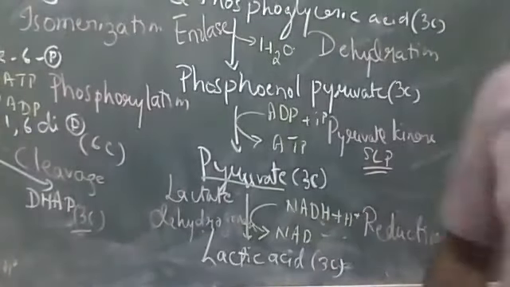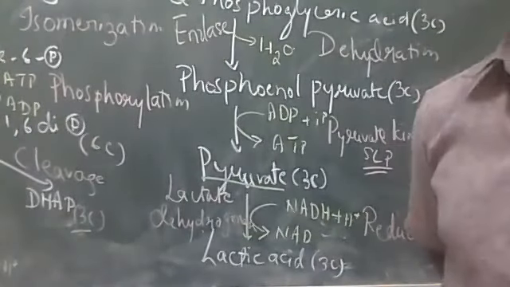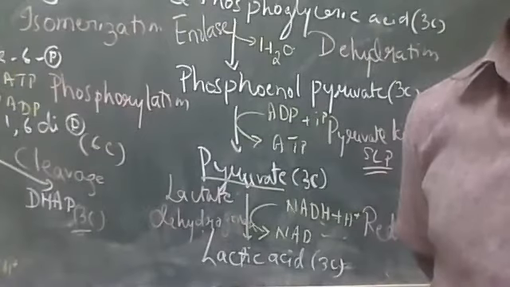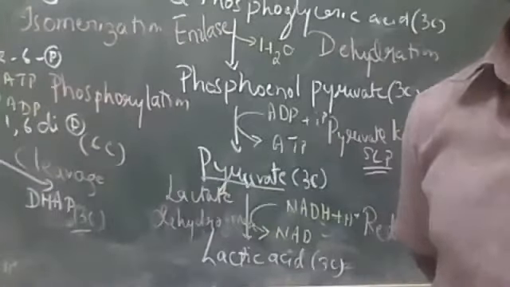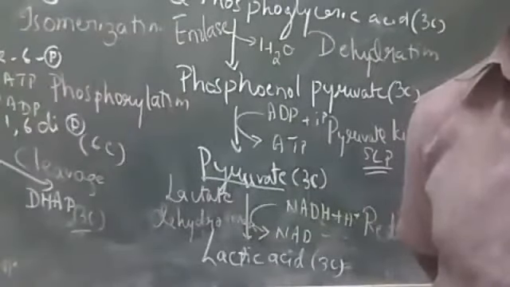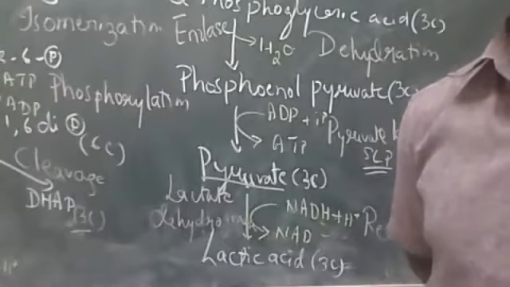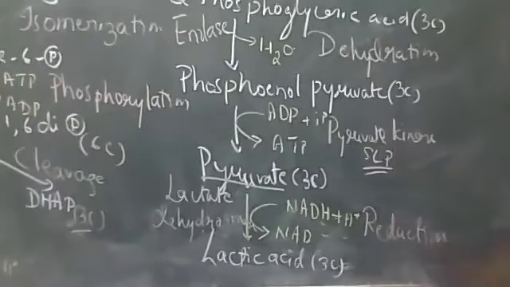How many lactic acid should form according to homolactic acid fermentation? 2, sir. Okay, 2 lactic acid should form. Why?